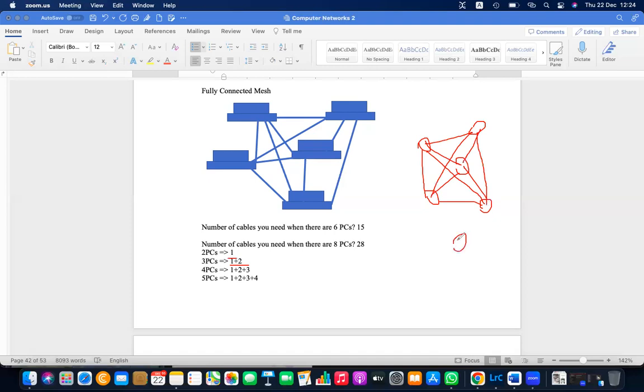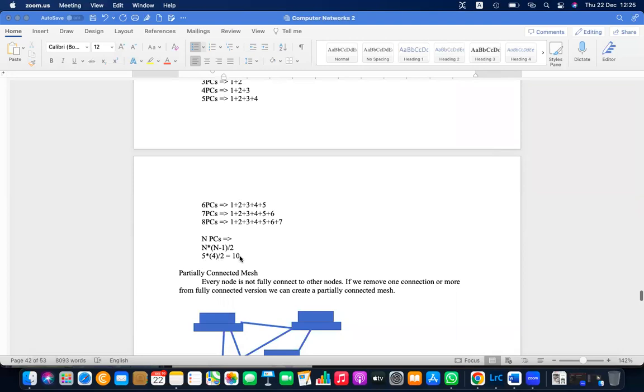And when a newcomer joins, 5 more are needed. This is how the mesh topology is drawn. The number of lines is n into n minus 1 divided by 2, the triangular numbers equation. If the number of PCs is n, then the equation is n(n-1)/2.